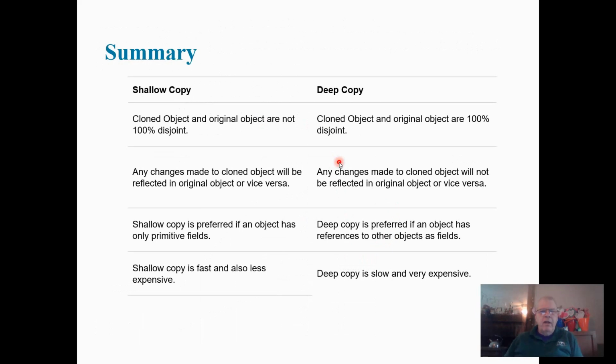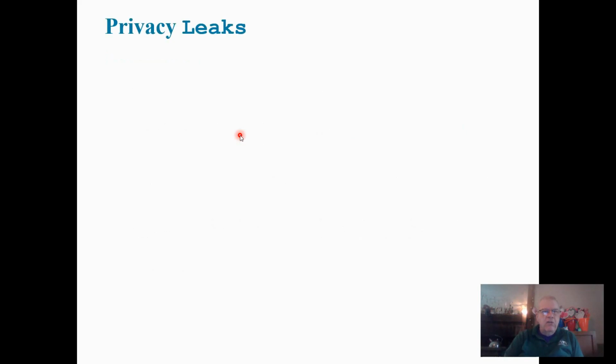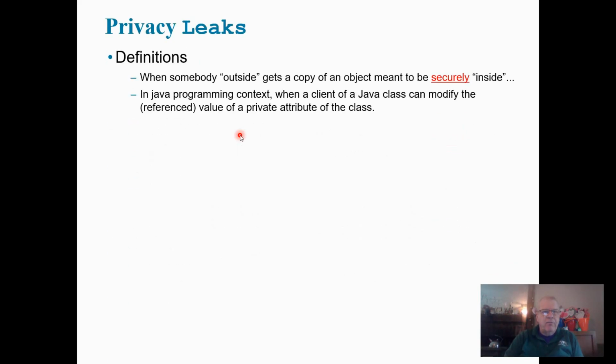So here's some summary. The main thing to realize is that a deep copy is 100% disjoint, whereas a shallow copy is not 100% disjoint, so that in the shallow copy we can expect that we have the possibility of leakage. So that leads to privacy leaks.